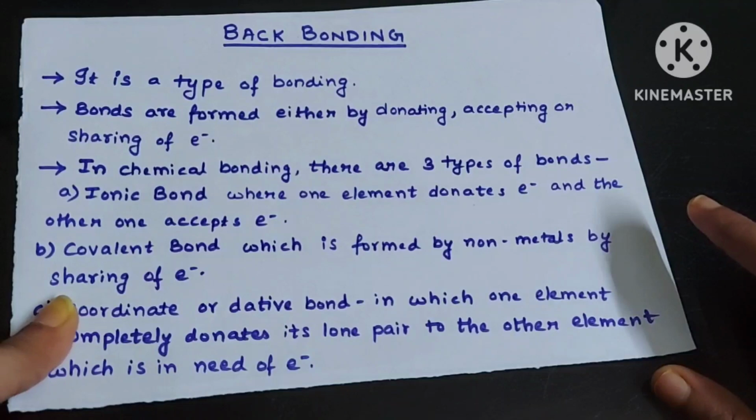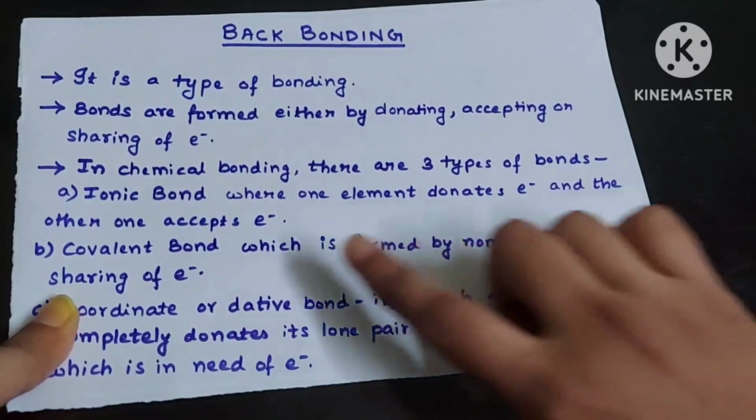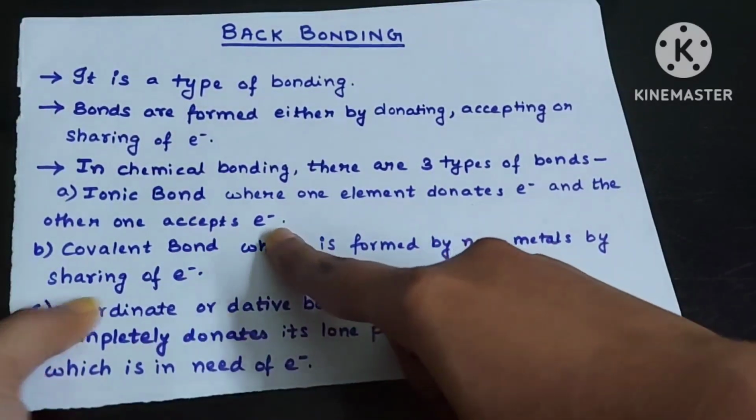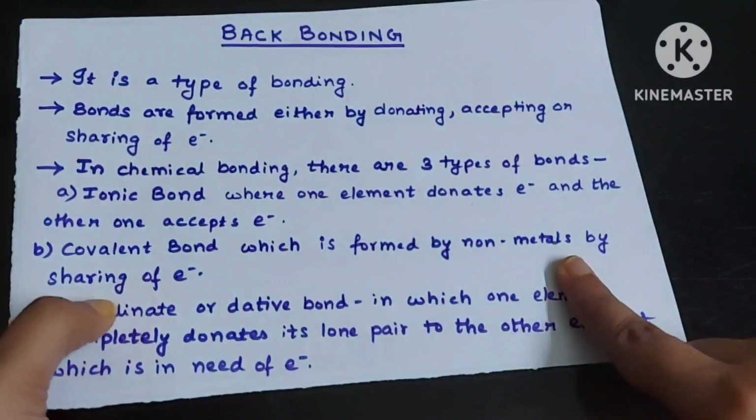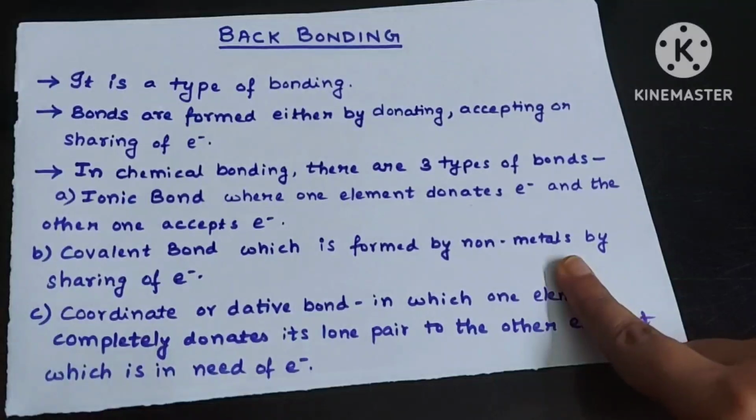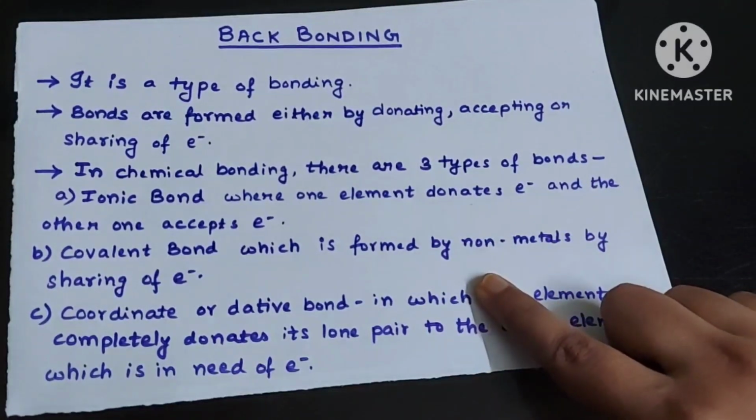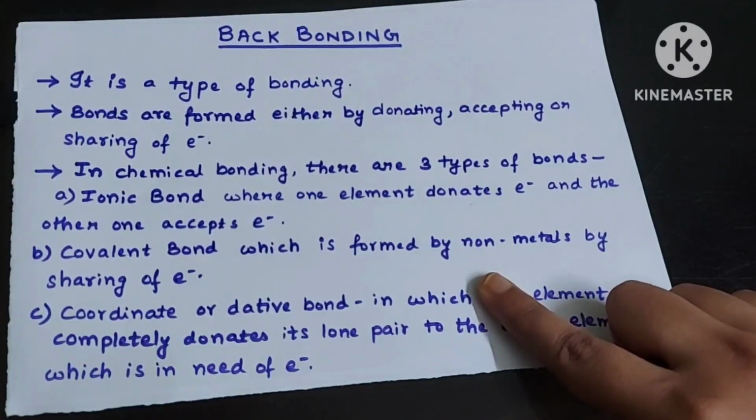Ionic bond, where one element donates electron and the other one accepts electron. Covalent bond, which is formed by non-metals by sharing of electrons. Covalent bonds such as O2, Cl2, HCl, these are covalent bonds between non-metals, okay?